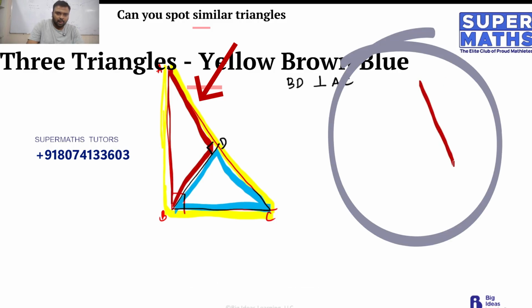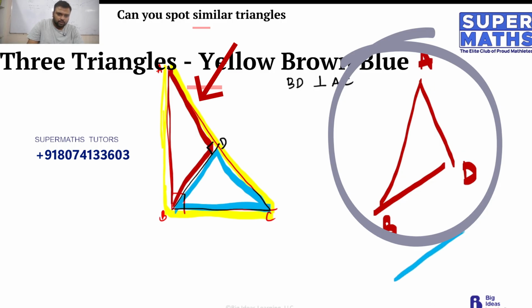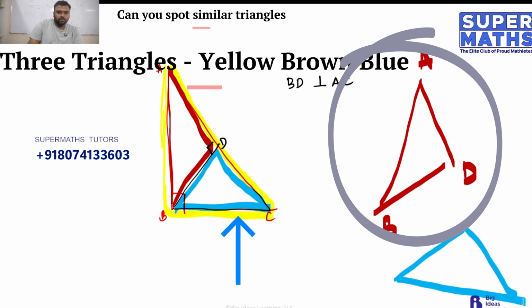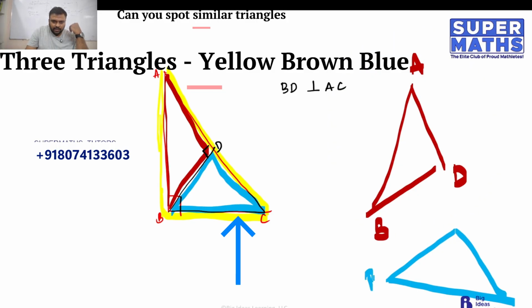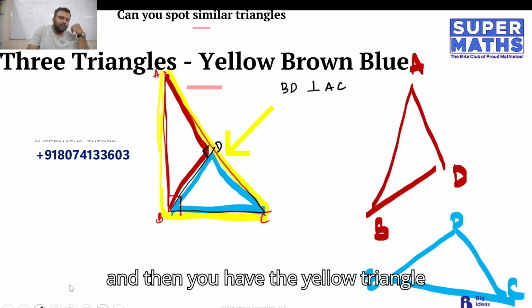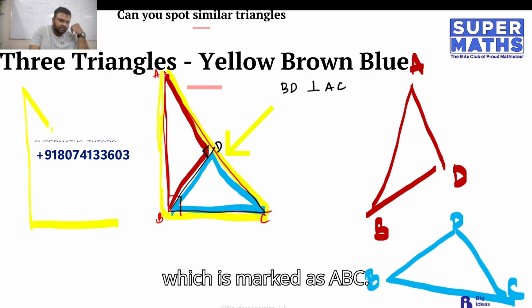The brown triangle, which is BDA, the blue triangle, which is marked as BDC, and then you have the yellow triangle, which is marked as ABC.